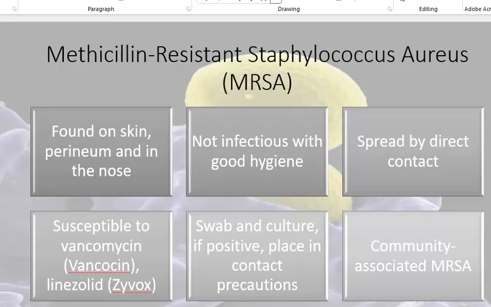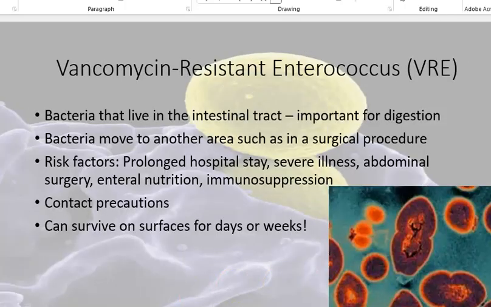Next, we're going to talk about vancomycin-resistant enterococcus, or VRE. This is bacteria that live in the intestinal tract. It's important for digestion. If it moves to another site, such as a surgical site, it can cause prolonged hospital stay, severe illness, and abdominal pain.